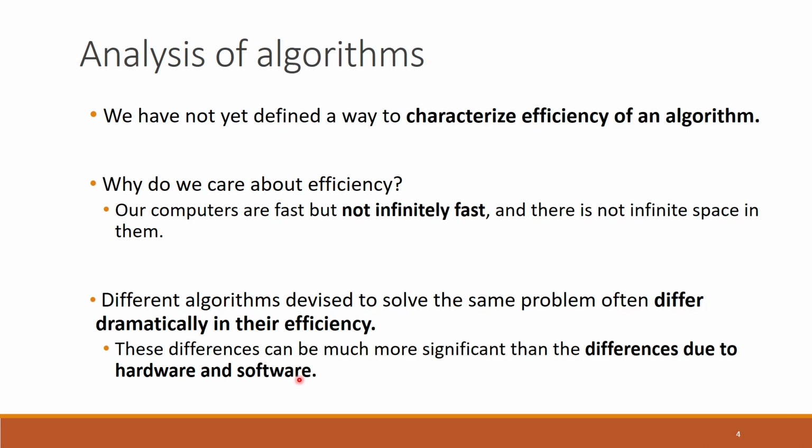What this statement is saying is that it is important to focus on the computational time different algorithms take, and sometimes the difference between two algorithms solving the same problem can be so much that it does not matter which hardware or software you use, because these differences will supersede all the other issues when the problem size becomes very large. We will soon take an example to understand what this means.